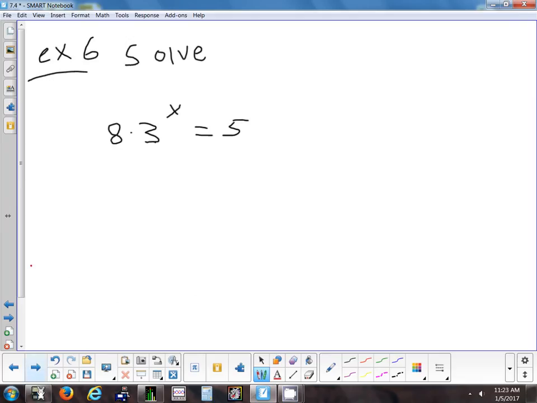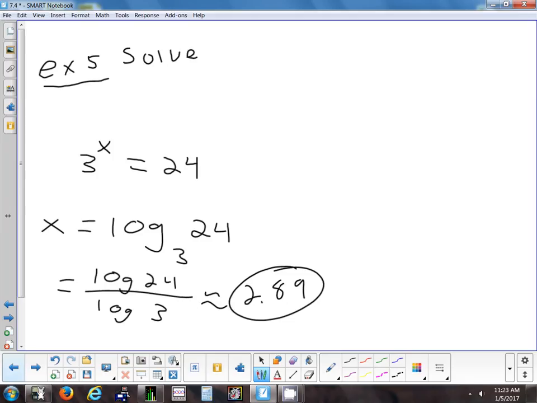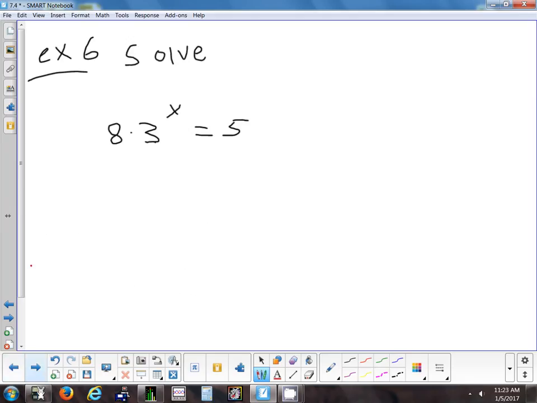All right, this one's similar, but what would you have to do first here? If you did this one step, then it would make this problem look pretty much like this problem. So we can't multiply these because we have this exponent here. So that 3 to the x, we can't touch that. John? Divide the 5 by 8.